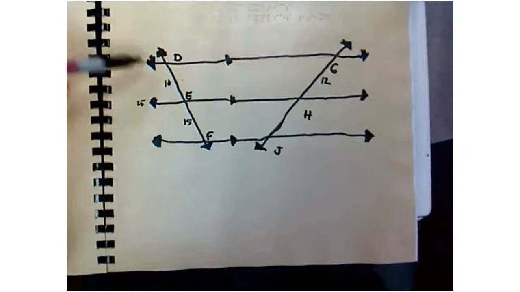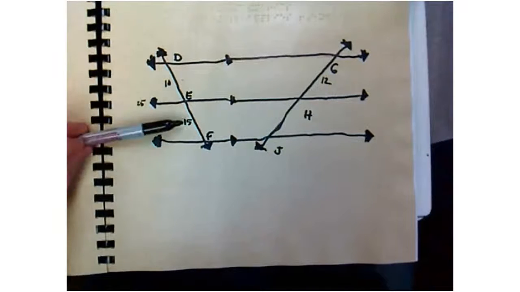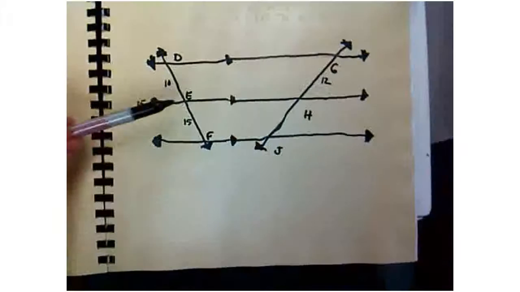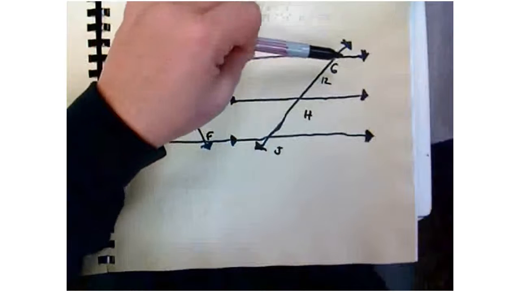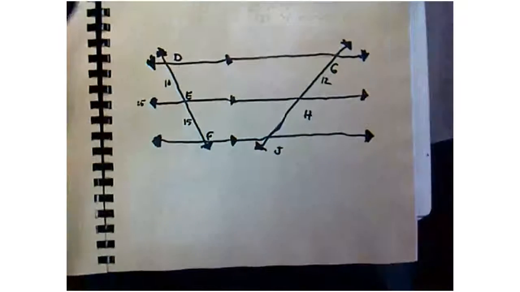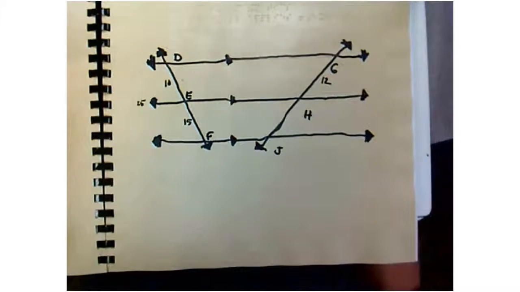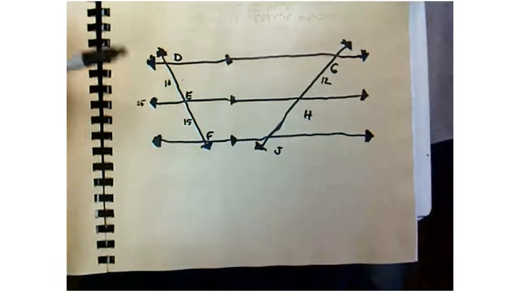So you had to do a little subtraction first because you couldn't use the 15, because 15 is not in the same position as this 12. DE is not the same position as GH. So you had to figure out the 10 first so that you could go corresponding part to corresponding part, right?